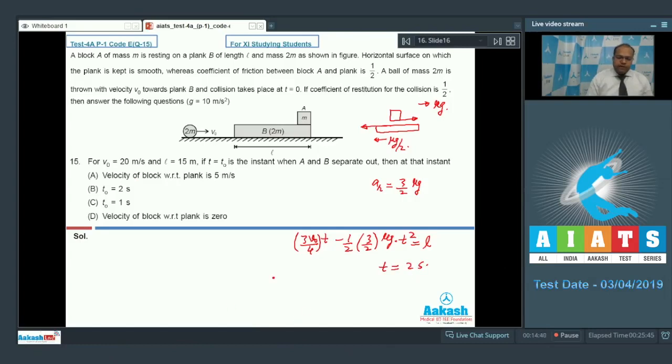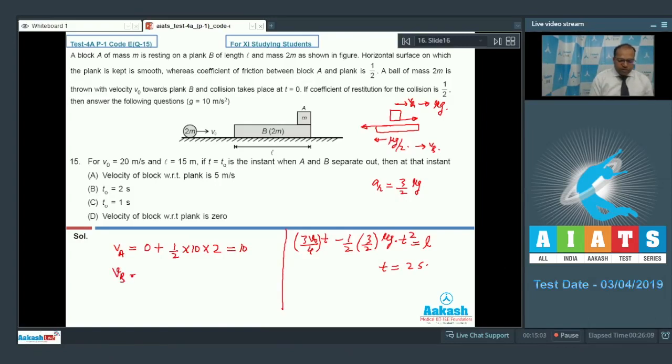Now at this moment, if I find out what is the velocity of block A, that is vA, and the velocity of block B, so vA is equal to 0 plus acceleration, that is mu g, so half into g into t, so it comes out to be 10 meter per second.